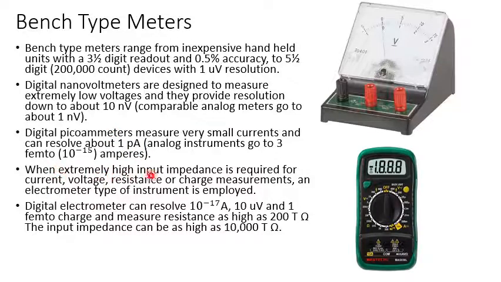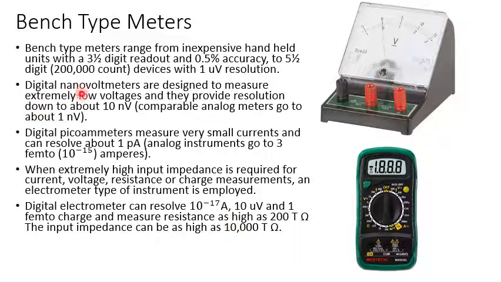Then when extremely high resistances are required, you can use an electrometer, which can give readings of 10 raised to minus 17 ampere, 10 microvolts, 1 femtocoulomb charge, and a resistance of 200 tera ohms. All of this is there with respect to the digital electrometer, so these values you have to remember.